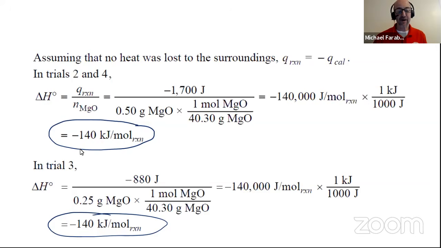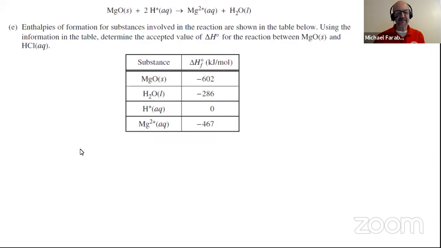Now, in our next part, we're going to calculate the theoretical or the accepted value from the data. And this comes from the delta H of formation.